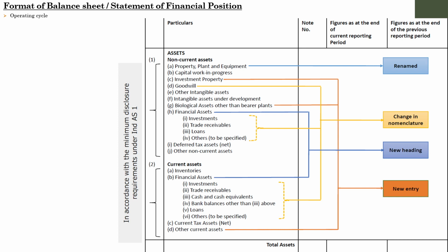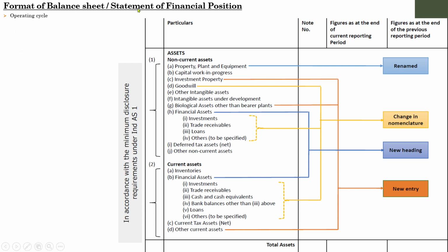So the simple meaning of operating cycle is the financial year. We all know the accounting year or financial year comprises 12 months, or 1 year. Any asset that is in use or operation for more than 12 months, or more than the operating cycle, comes under non-current assets. That is the meaning.